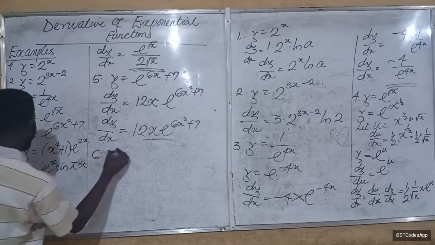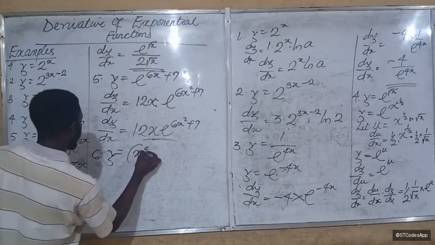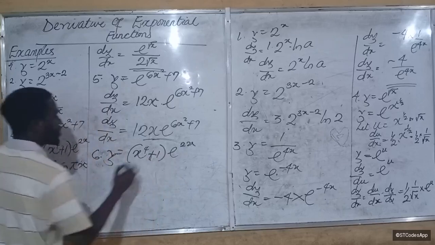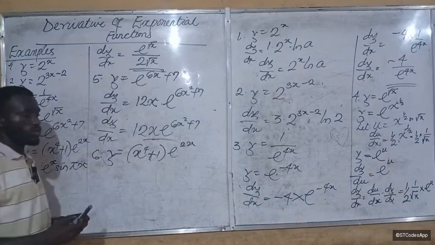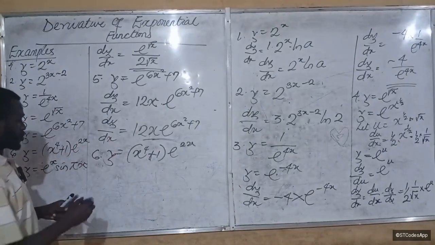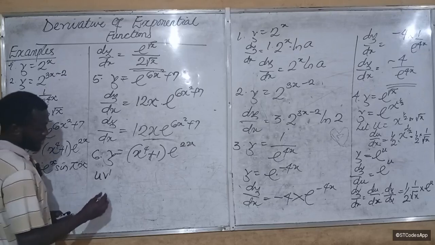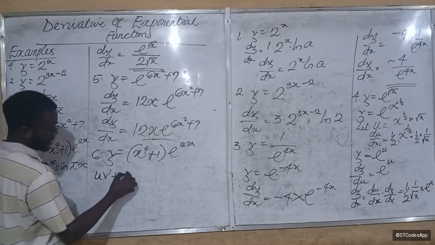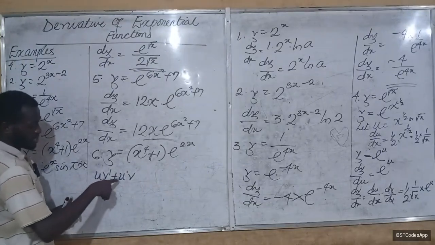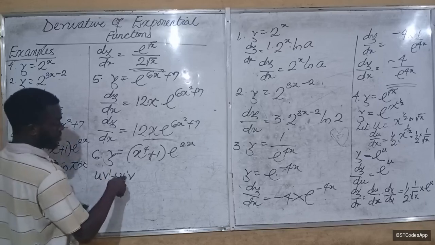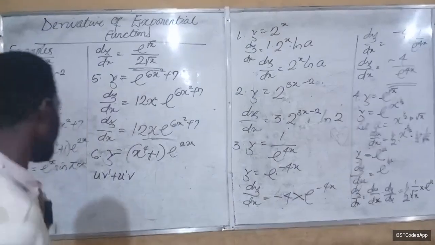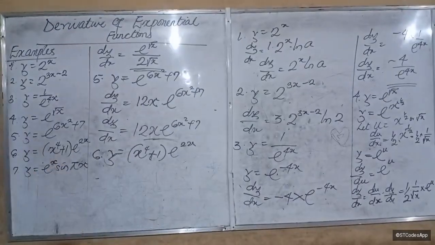Number 6 says that y is equal to x raised to the power 4 plus 1, times e to the 2x. Okay, so now this is a product, so we know that we are going to use the product rule. Remember, the product rule says dy/dx = v du/dx + u dv/dx.